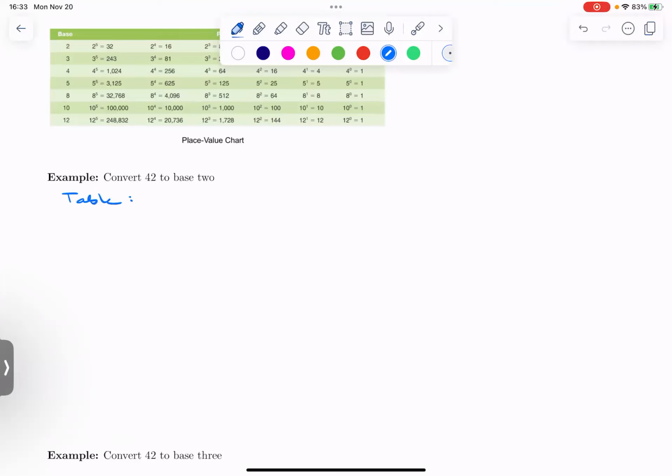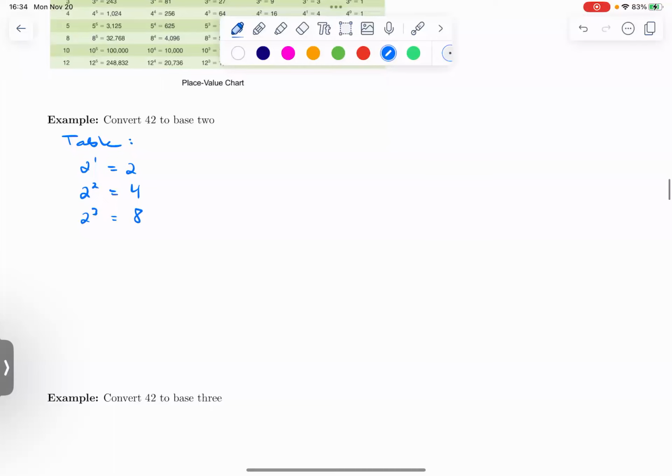you would go through and, well, you know 42 is bigger than 1. So 2 to the power of 1 is 2, 2 to the power of 2 is 4, 2 to the power of 3 is 8, 2 to the power of 4 is 16, 2 to the power of 5 is 32, 2 to the power of 6, so we're getting close, is 64.